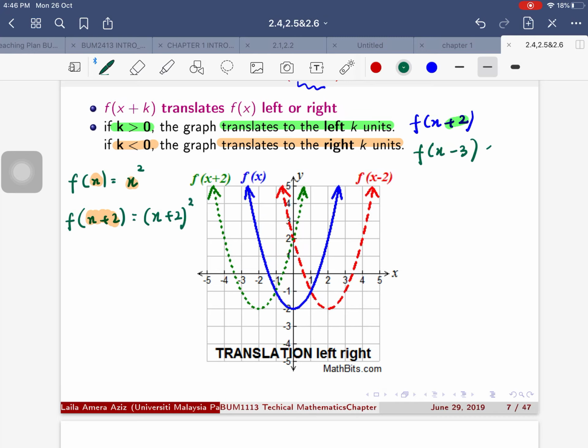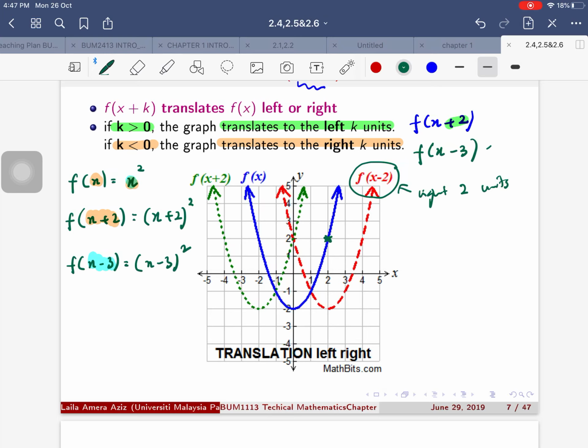Whenever I come across x, now it's going to be x plus 2, so my function is going to be x plus 2 squared. Or if I want it to become f of x minus 3, same idea as well. Here I have x minus 3, so I'll end up with x minus 3 to the power of 2. Because this is minus, it's been translated to the right 3 units.